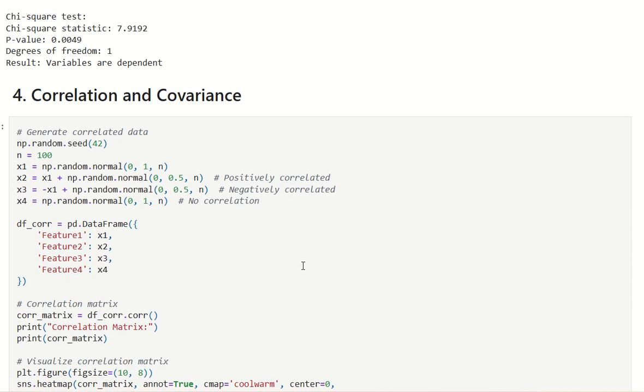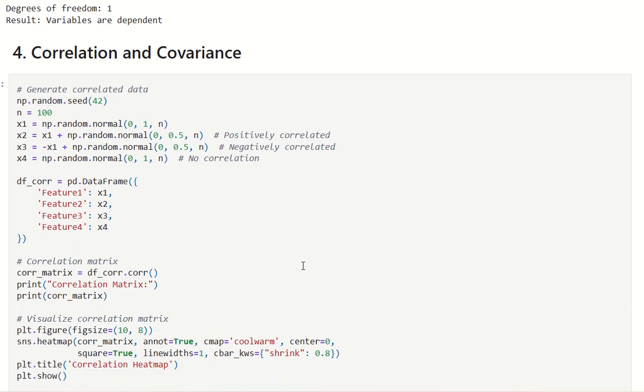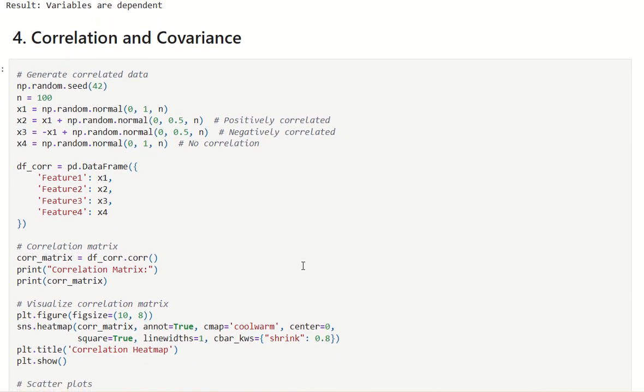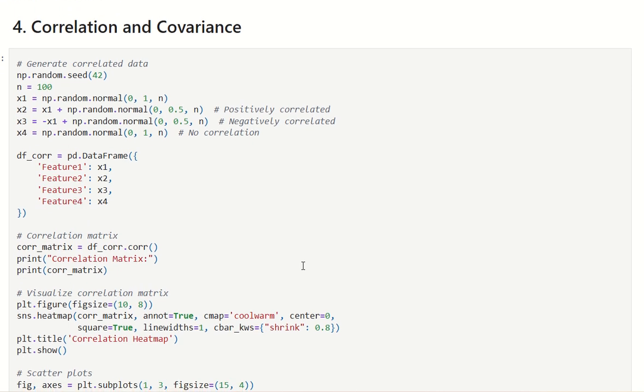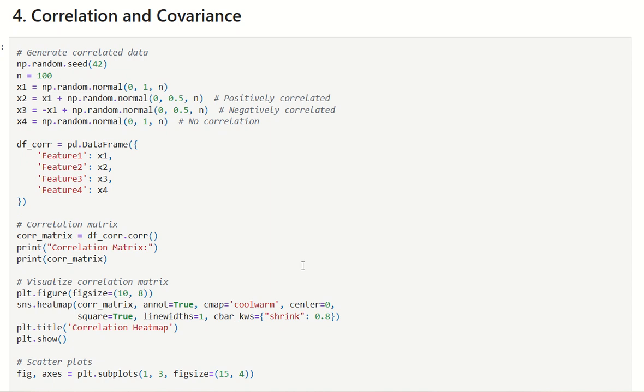Correlation and covariance are next. Covariance tells me whether features move together but is scale dependent. Correlation standardizes this to the -1 to 1 range, making relationships easy to compare.